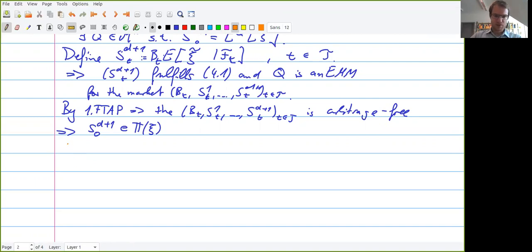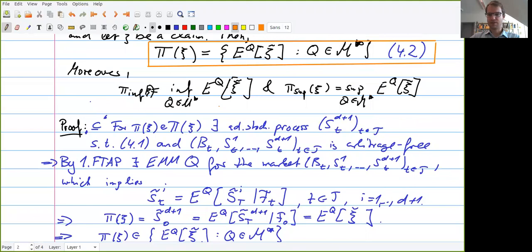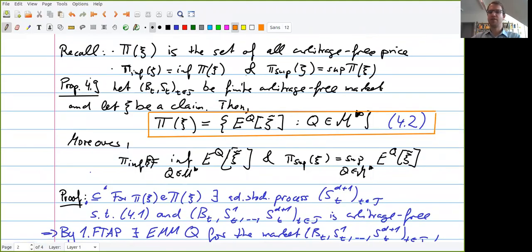Right. So we use now the equality here. This is just the equality of the sets we just have shown.